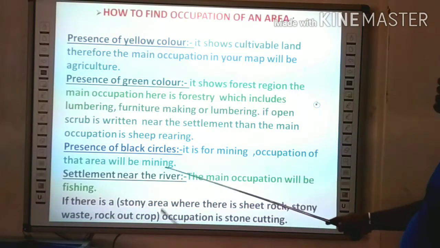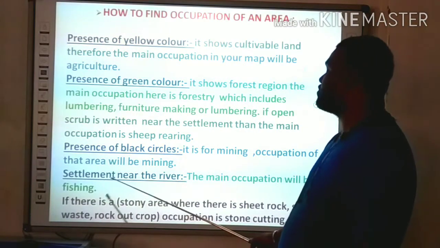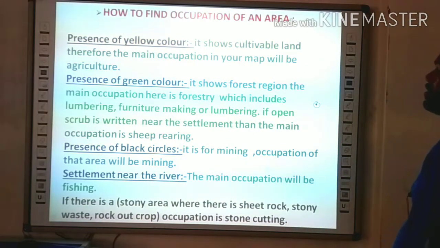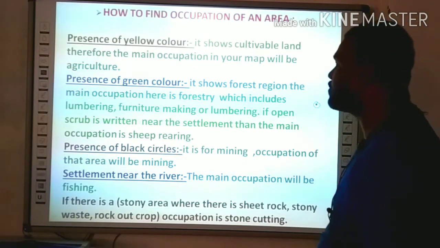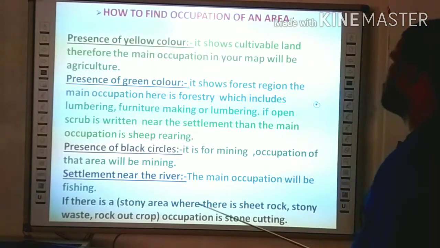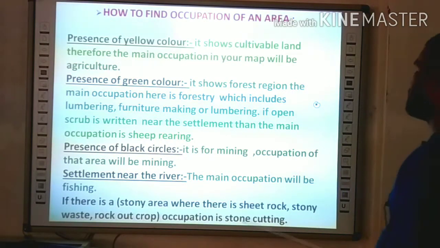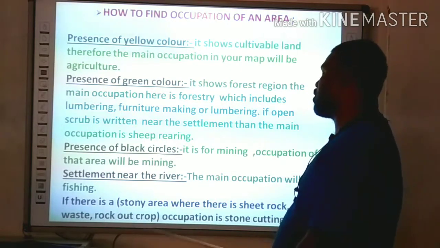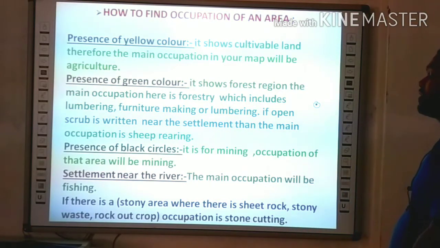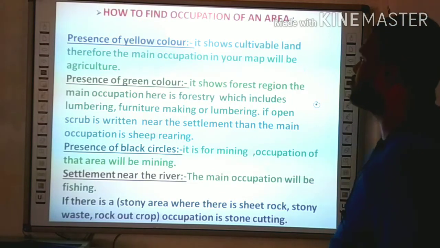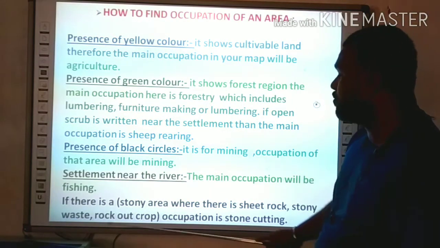Therefore the occupation will be mining. Settlement near the rivers, the main occupation will be fishing. If there is any stony area where there is sheet rock, stony waste or rock outcrop, the occupation is stone cutting.